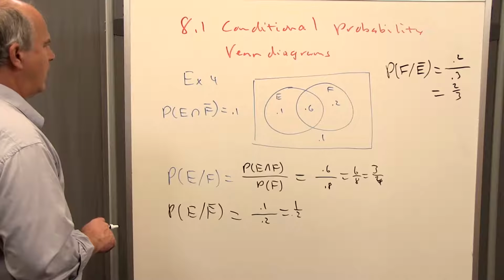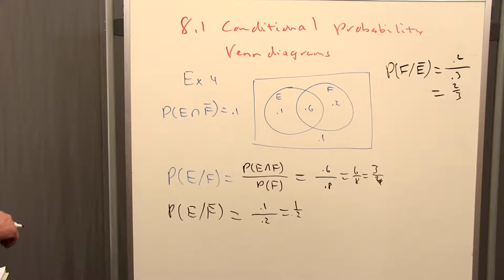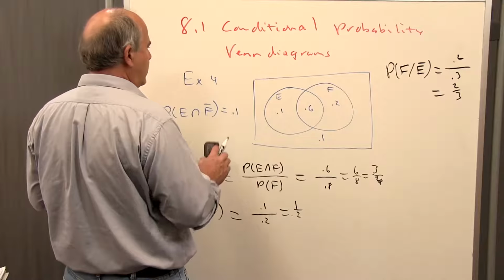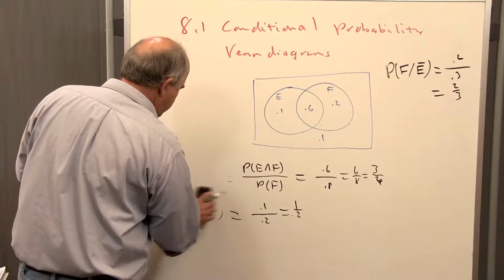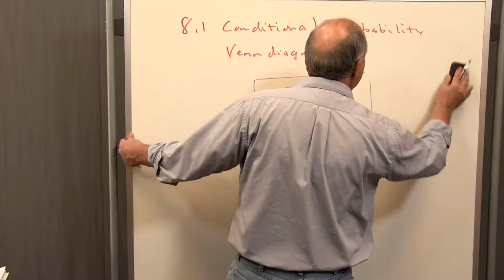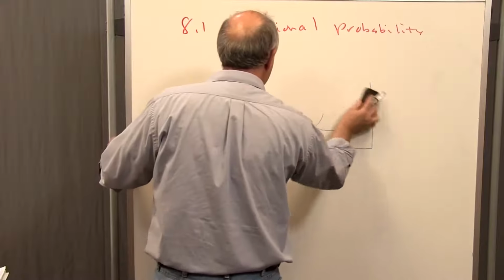I think I'll do one more example starting from scratch instead of starting from the Venn diagram, just so we can see this one more time, work with it a little bit. Okay.